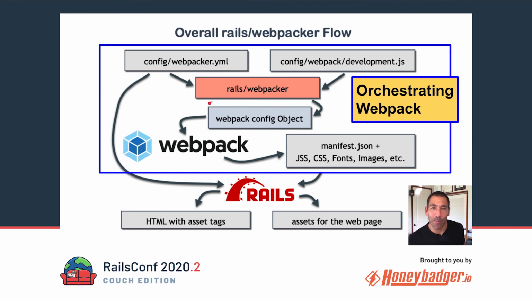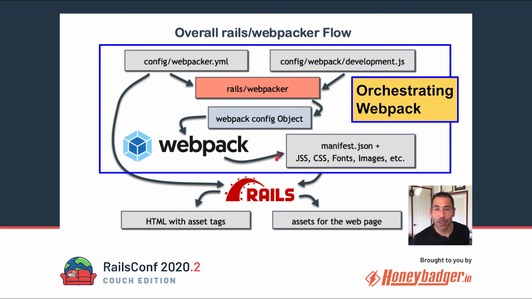And so once again, remember, we're just creating this config object, we stuff it into Webpack, and boom, out we get the manifest JSON, and we get our other static assets: JavaScript, CSS, fonts, images, etc. Everything your browser needs, except the Ruby on Rails code, of course, which your browser doesn't need.